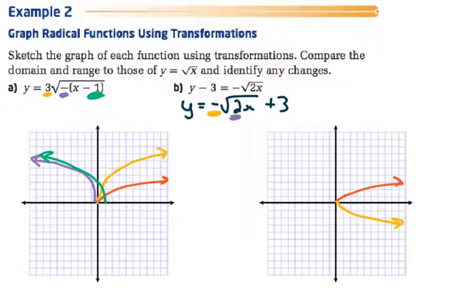Next transformation is this 2. It's a B. It's a horizontal stretch. All of our points horizontally will get divided by 2. Our first point at 0, 0, it's at 0 horizontally, divided by 2 is, well, still 0. Second point at 1, negative 1, the horizontal piece, the 1, gets divided by 2.